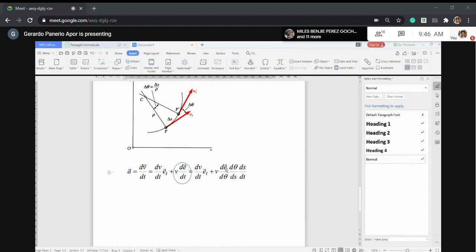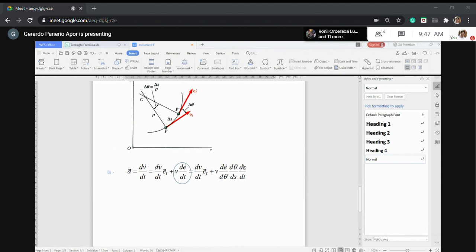So instead of d theta, he multiplied it by d theta over d theta, and then multiplied it by ds over ds. So d theta over d theta is actually nothing, that's 1. And ds over ds is 1.